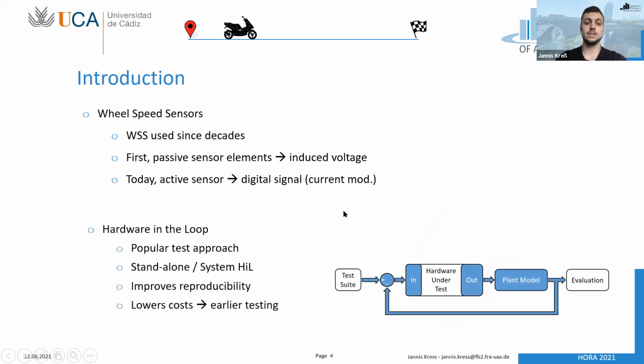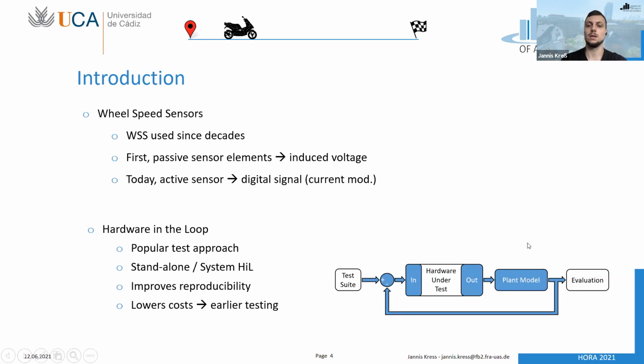Then let me give you a brief introduction to hardware in the loop. Hardware in the loop is a test approach that is very popular today. Every car manufacturer or car supplier is already using it. You can test standalone, which means you can test one hardware component by itself, or in the context of a bigger system.